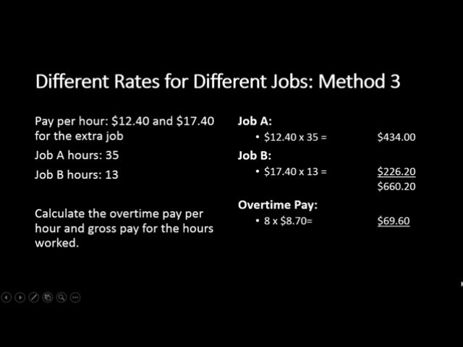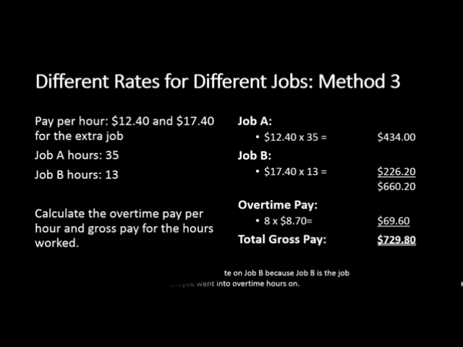Overtime pay, 8 times 8.70 is $69.60 for a total gross pay of $729.80. Method 3 bases the overtime pay rate on Job B because Job B is the job the employee went into overtime hours on.